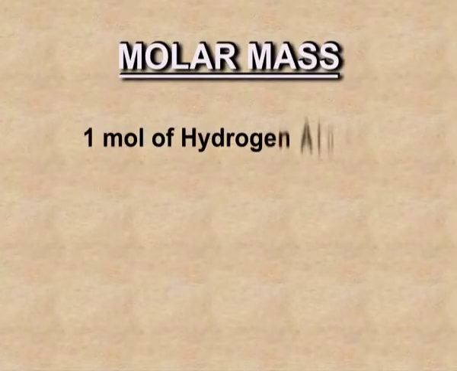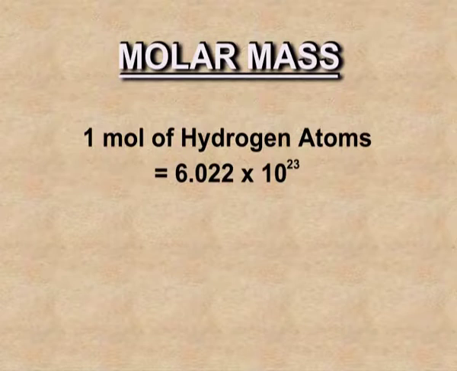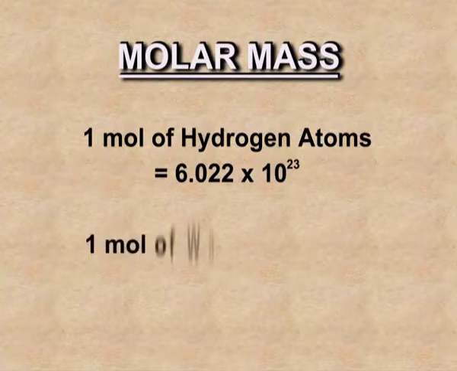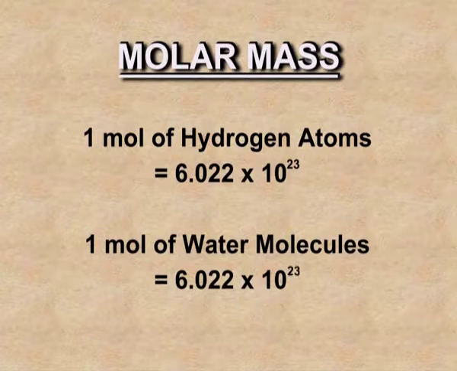1 mole of a substance means that its mass is its molar mass. For example, if I say 1 mole of hydrogen atoms, it means 6.022 × 10^23 atoms of hydrogen. If I say 1 mole of water molecule, it means 6.022 × 10^23 molecules of water.